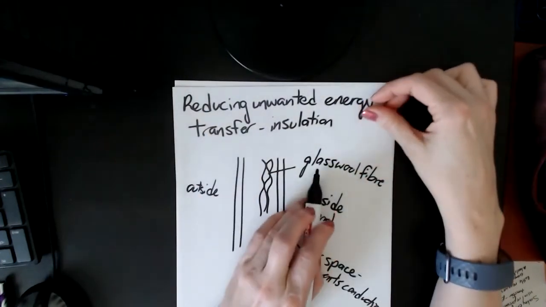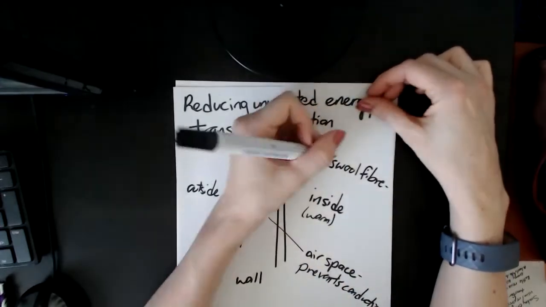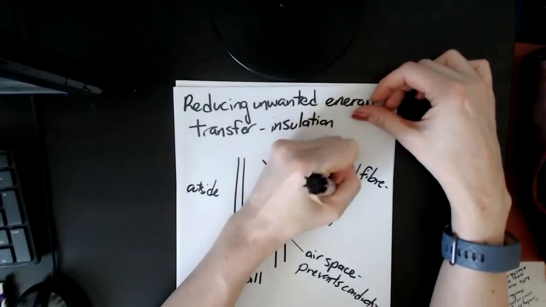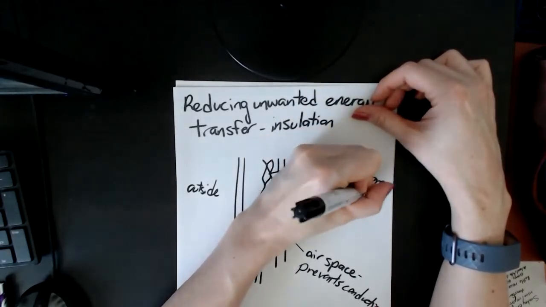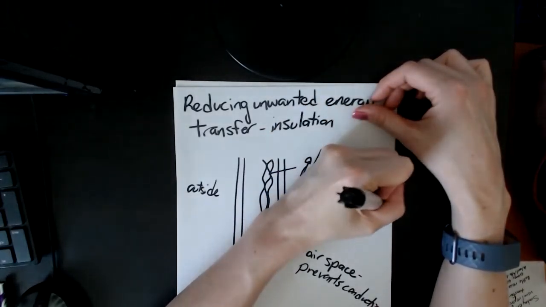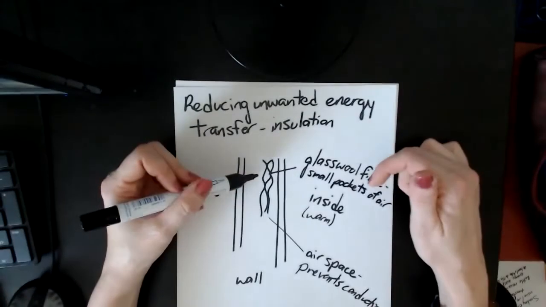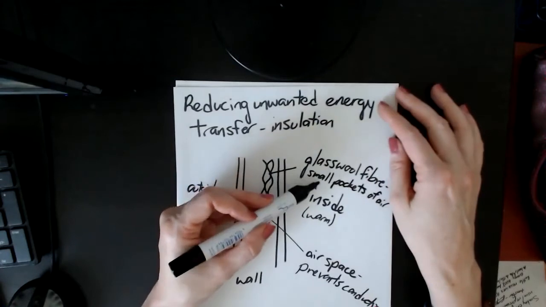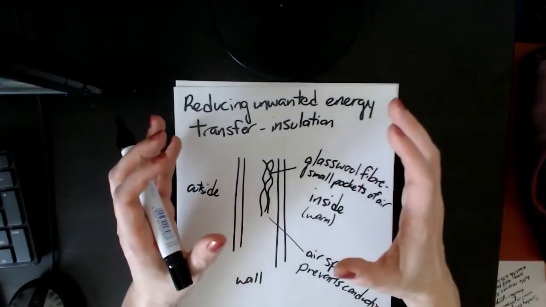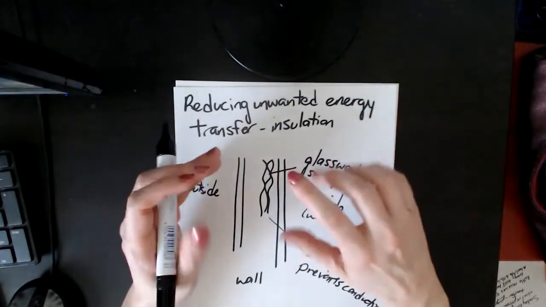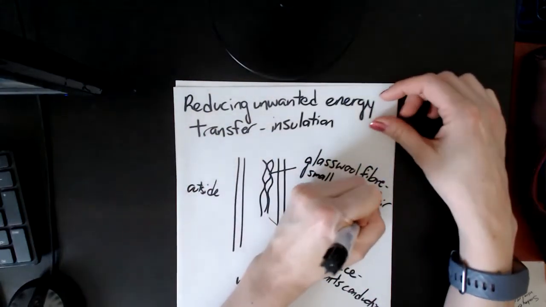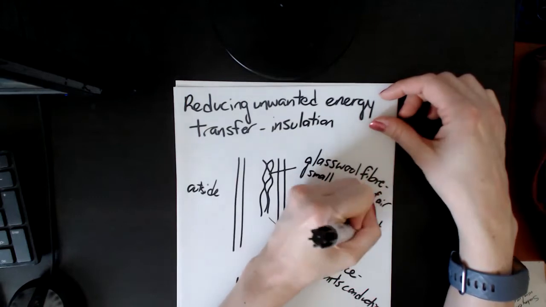But anyway, glass wool fiber basically has little tiny pockets in it. The little tiny pockets of air mean that it's still not a total solid, so you're not going to get conduction. But the small pockets are so small that the air trapped inside can't really get into a good convection current. So the small pockets of air prevent convection currents.